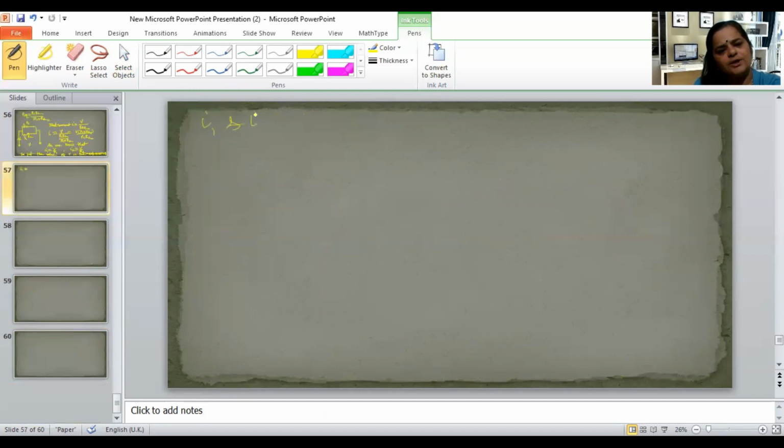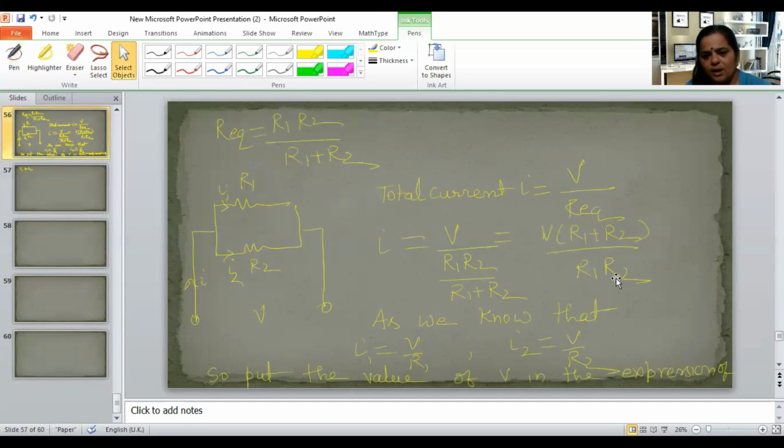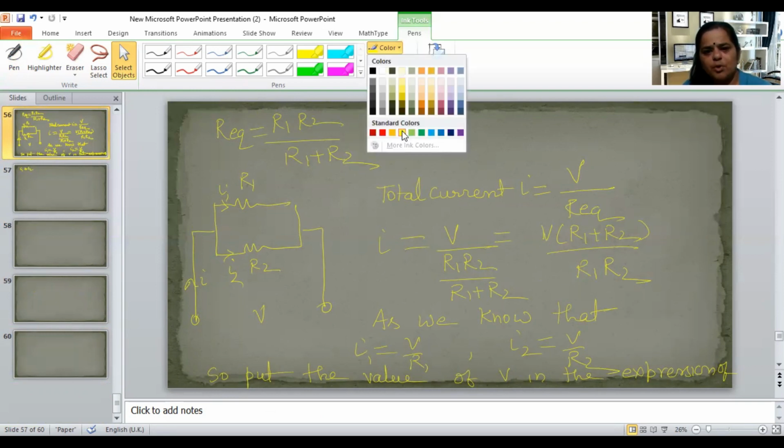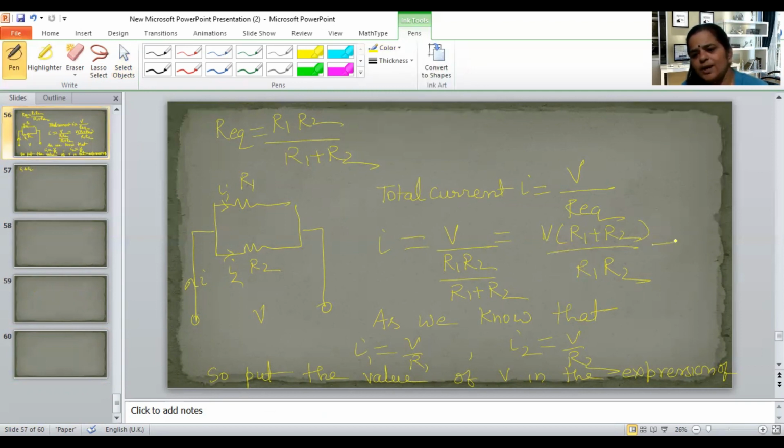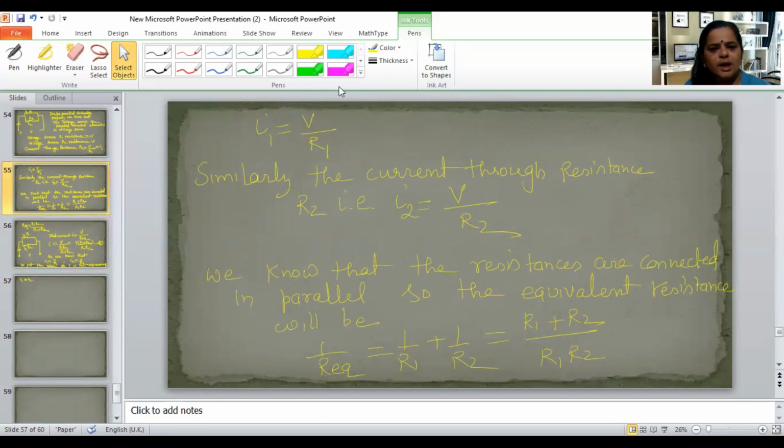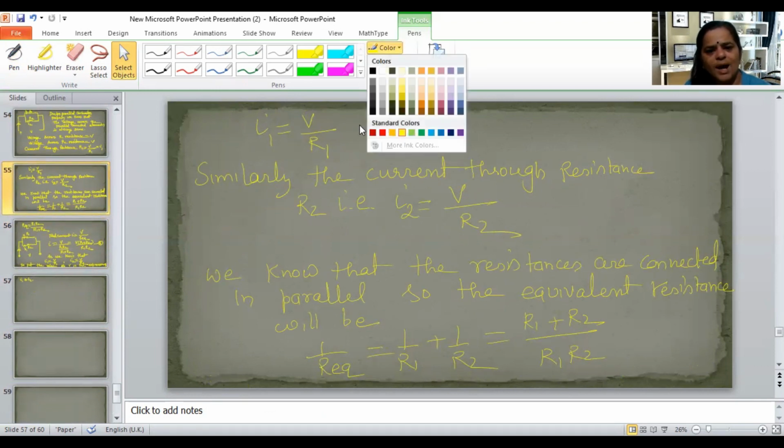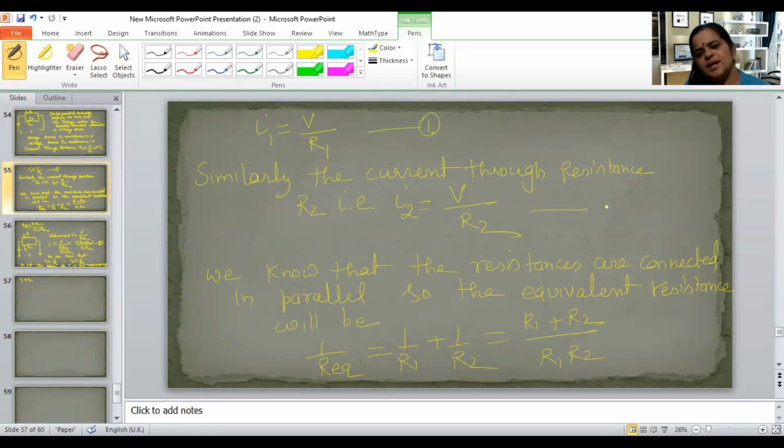Which V? I will calculate V from this equation. Suppose this is equation number 3, this is equation number 1, and this is equation number 2.